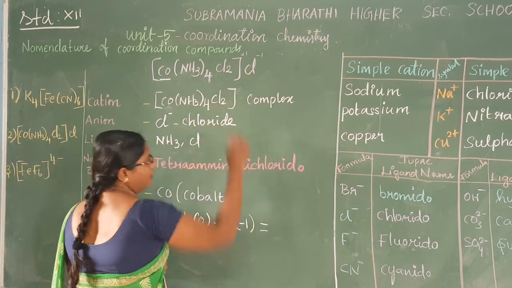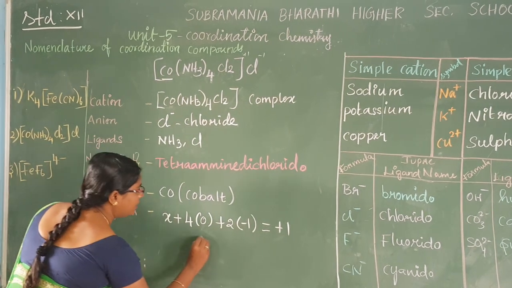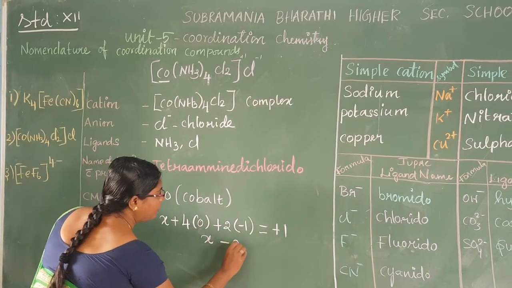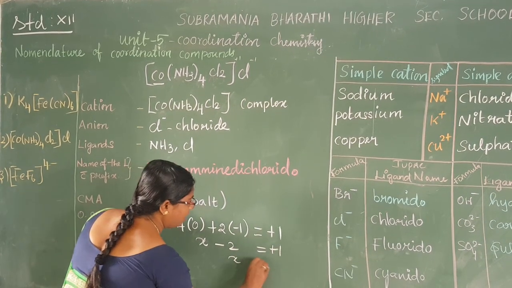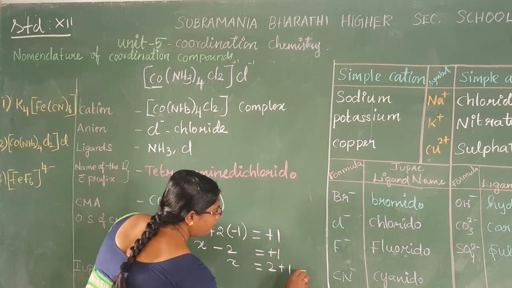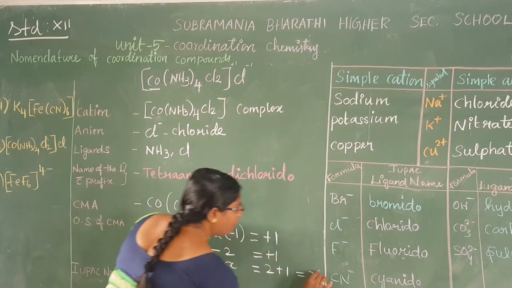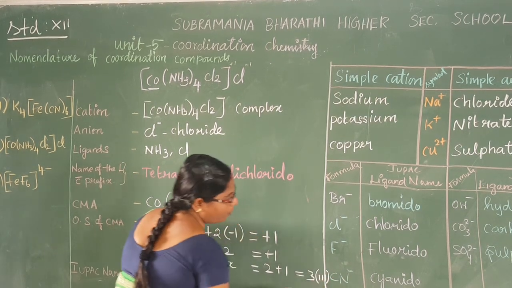We are having +1. So let me do the calculation. x minus 2 is equal to +1. So x equals 2 plus 1, it will become 3. So I have found the oxidation number. I have to write it in Roman numerals.